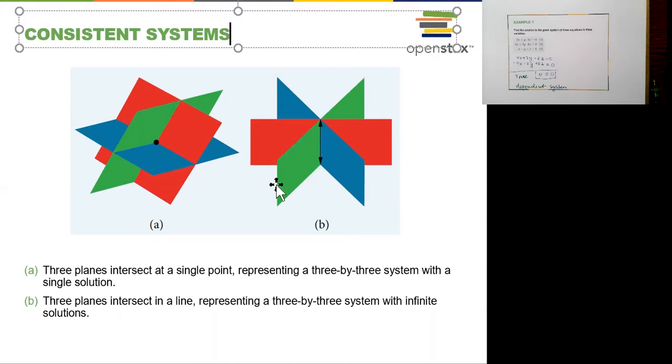Occasionally, all three planes are going to intersect on a line instead of a point. In this case, we have a dependent system, which has a solution, but the solution is actually a line in space. The question is, how do you write that line in space as a solution to the system?